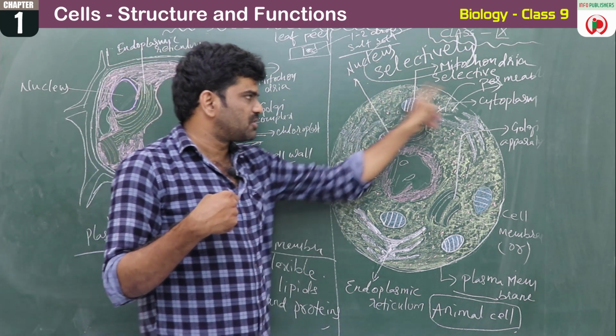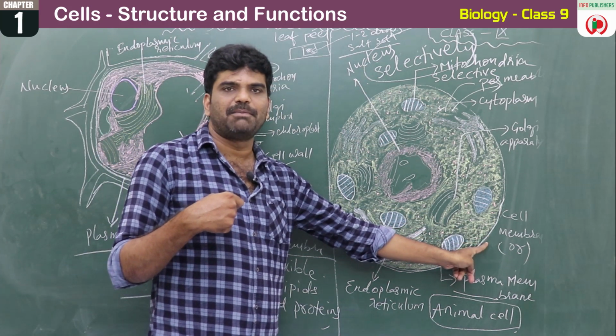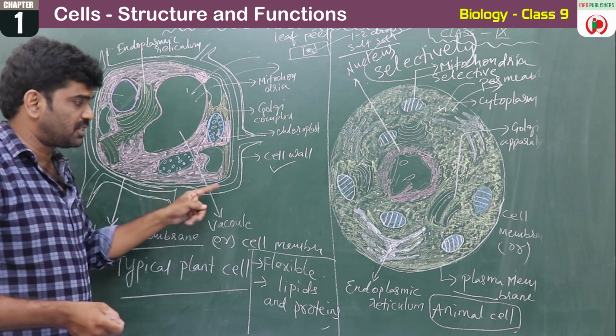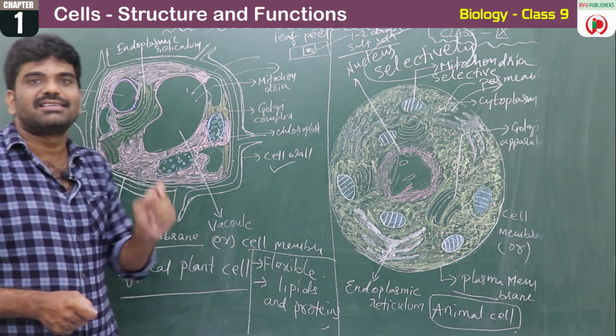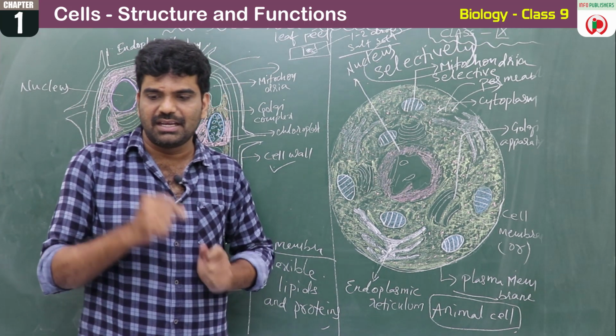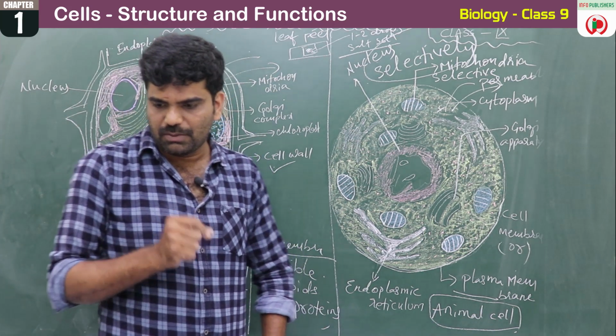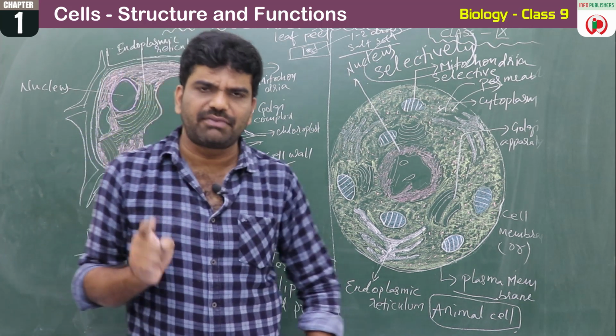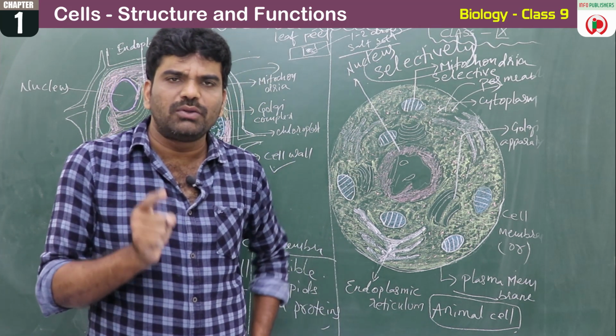Here also the first one is the cell membrane. But in this case the first cloth, the first protective layer, is the cell wall. So this is considered to be one of the major differences. I already told you the difference.